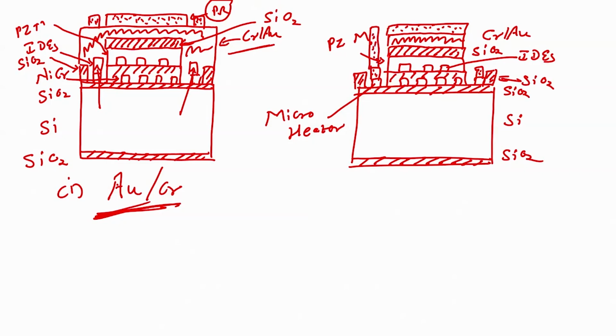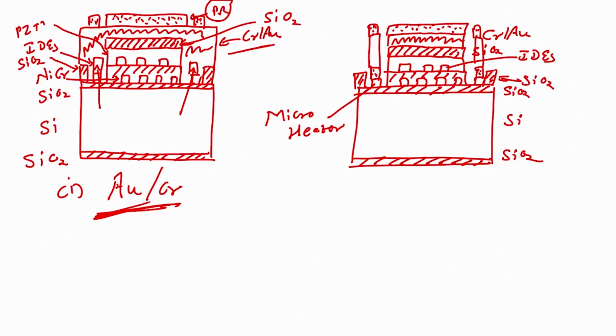Or you can just say that you have a thicker electrode, which is even better, because you are depositing chrome gold every time, you have thicker electrodes, and on thicker electrodes you have your photoresist, right. Now, what is the next step?